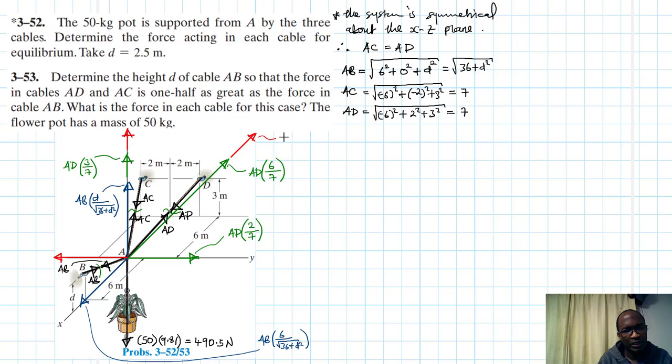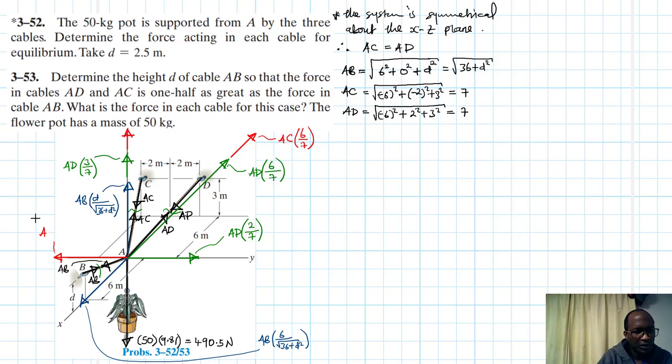Then we go to AC. AC along the x is 6 divided by 7. So you can think of this as unit vectors, right? These ratios giving us the direction or the slopes.